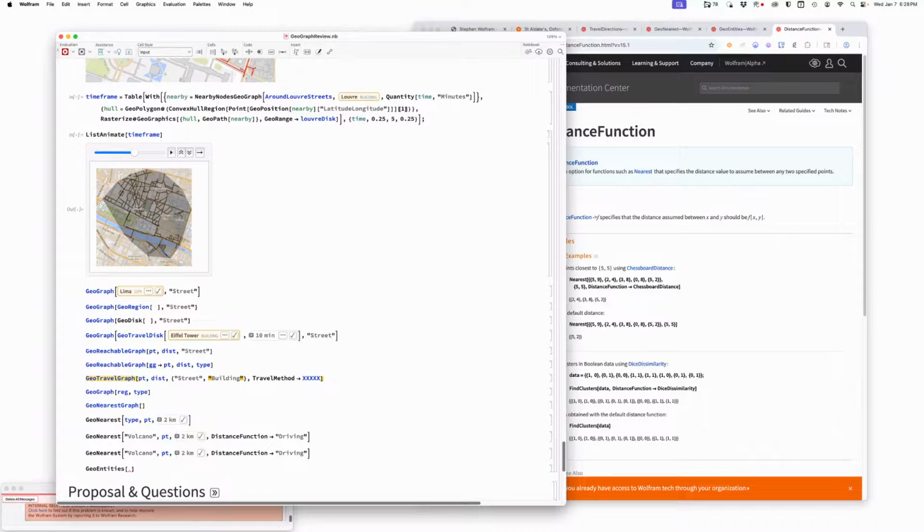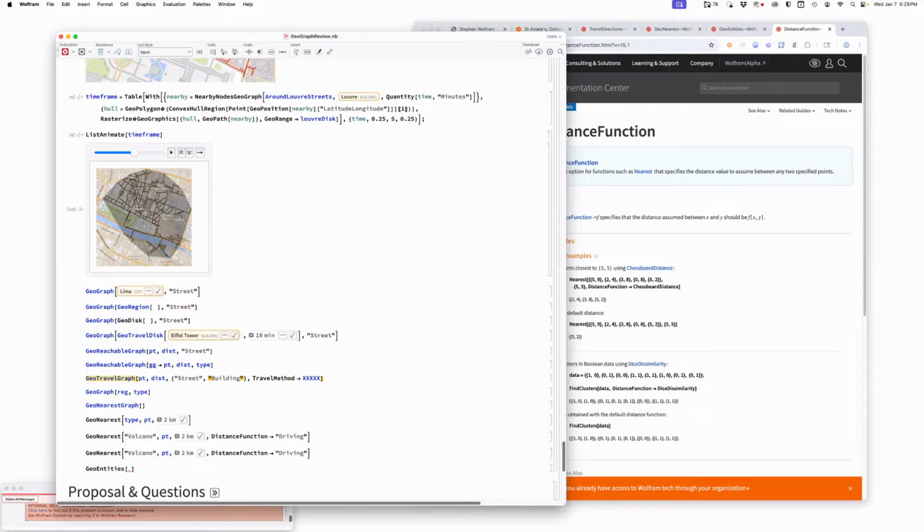What about a two-dimensional construct, like a park? Right, or a building. Yeah, actually, in OpenStreetMap, many buildings have a shape, so that's right. Okay, but so what here? Is that relevant to the GeoGraph?